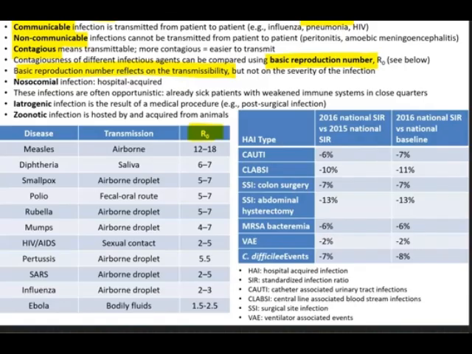So if you look at Ebola virus, it's really not that contagious. One person who has Ebola virus, on average, would infect about 2 people. Okay? And then you look at measles, which is the most contagious disease known so far to humanity.